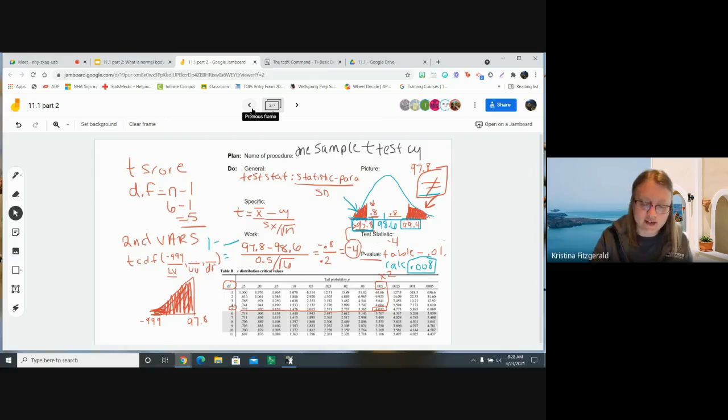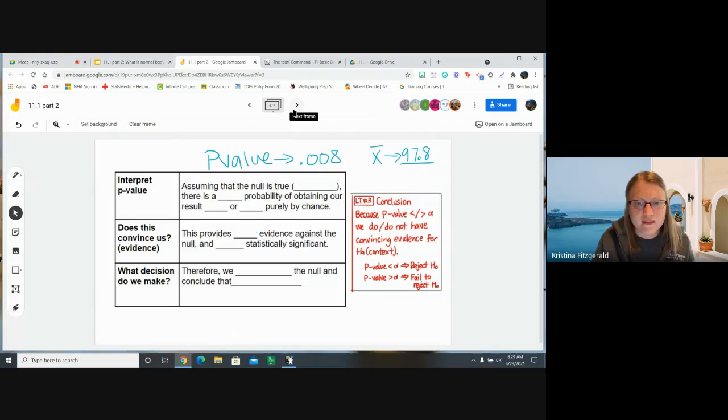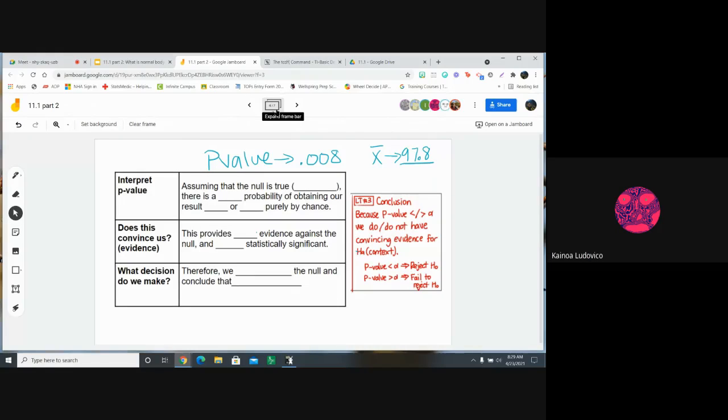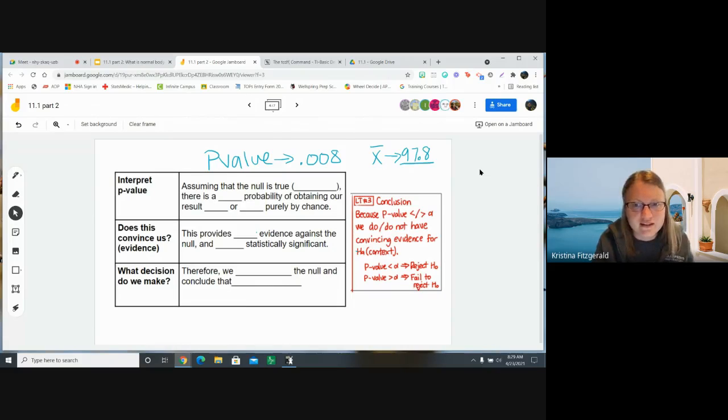So the chance of landing on either side here overall, like getting a sample that falls in either one of those buckets, is 0.008. So how do you feel about a 0.008 chance? That is a very small probability of that. Yeah, it shouldn't have happened.